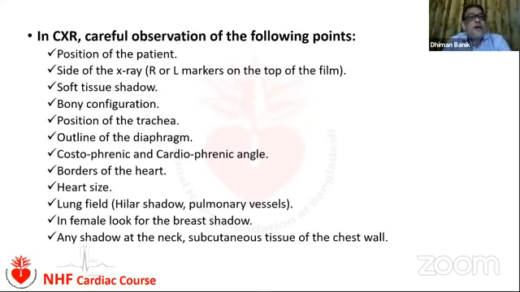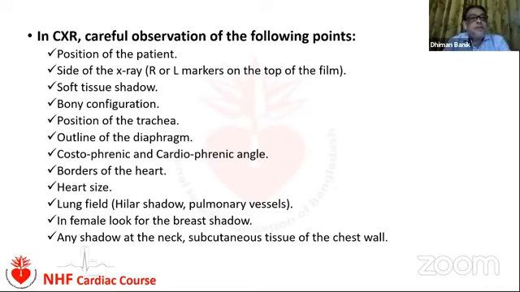In chest X-ray, these are the important points where careful observation should be given. That is the position of the patient. The patient should be in a straight position, because if the patient is rotated, then the findings will be distorted.